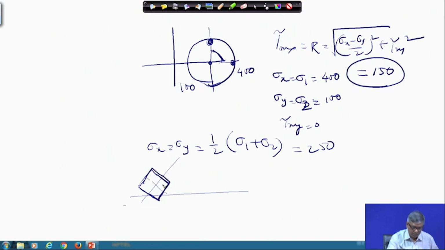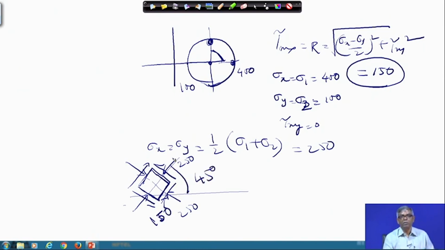Okay, so this is the plane, and both normal stresses, sigma x and sigma y, will be equal, that is 250, this is also 250, and shear stress will be maximum this way, and that is your 150 which we have calculated. This angle is 45 degrees. So this is the orientation of the plane where you are getting maximum shear stress.